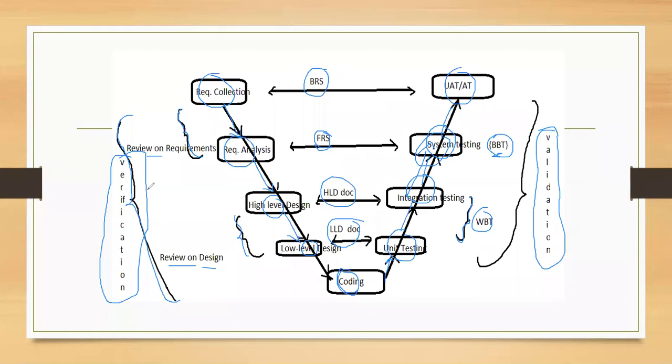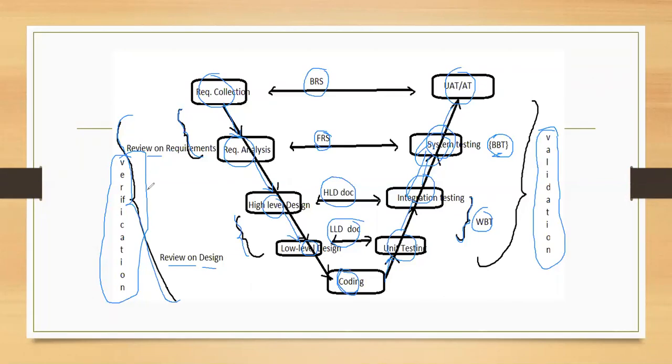These terminologies, verification and validation, come from the V model. Verification is a process to check whether we are developing the system right or not. Generally, verification activities are performed on requirement documents, design documents, and on source code also.